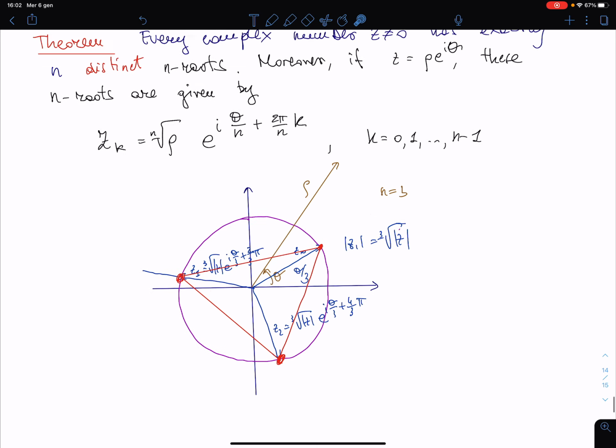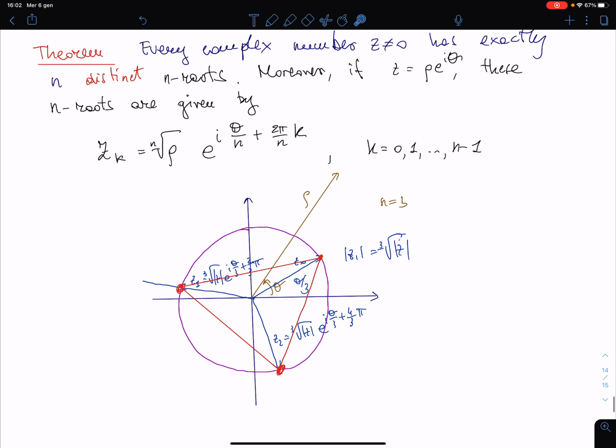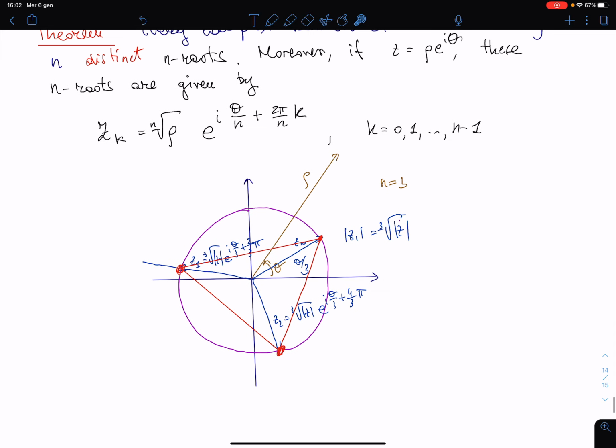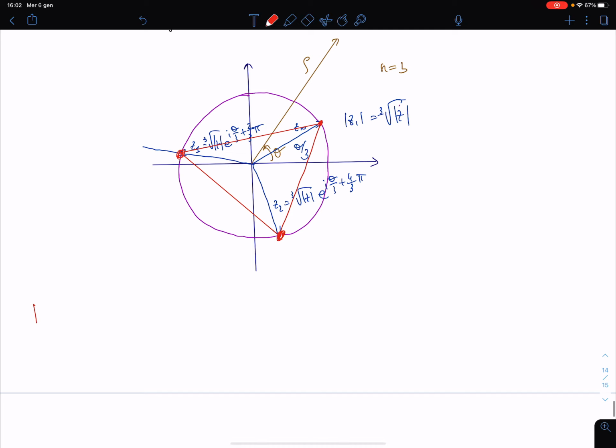Okay, at the beginning this is quite difficult to understand, but when you do some exercises it becomes very easy, and I give you the proof of this theorem.